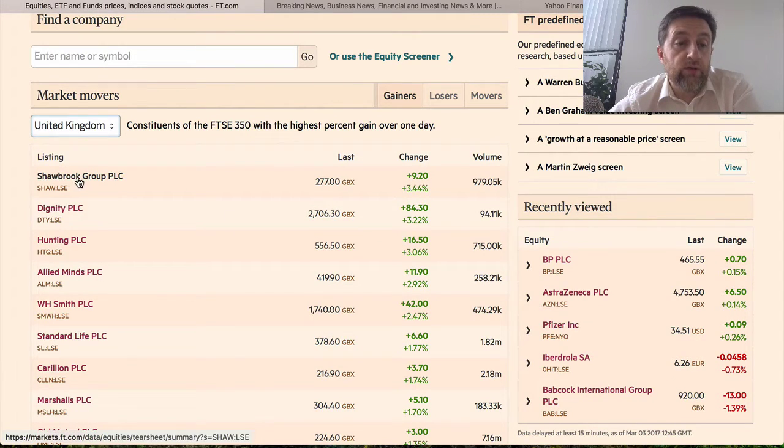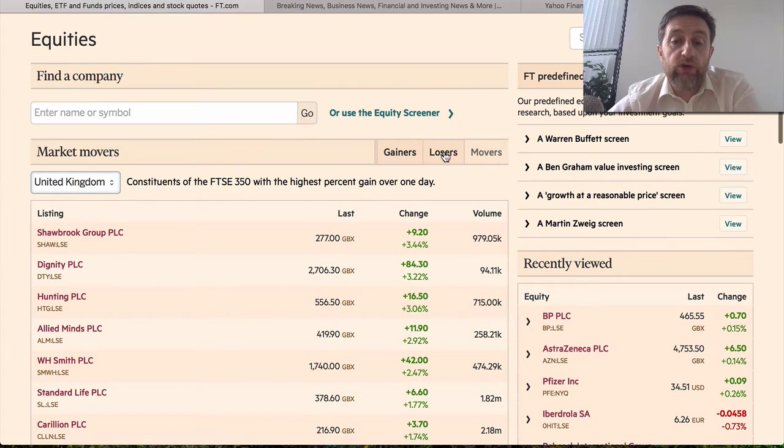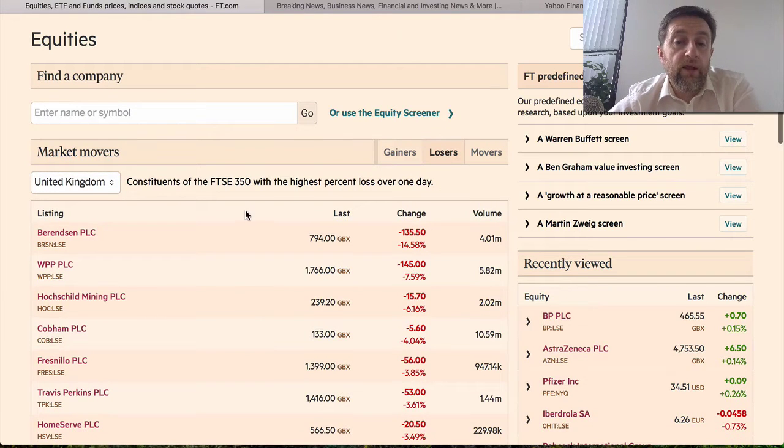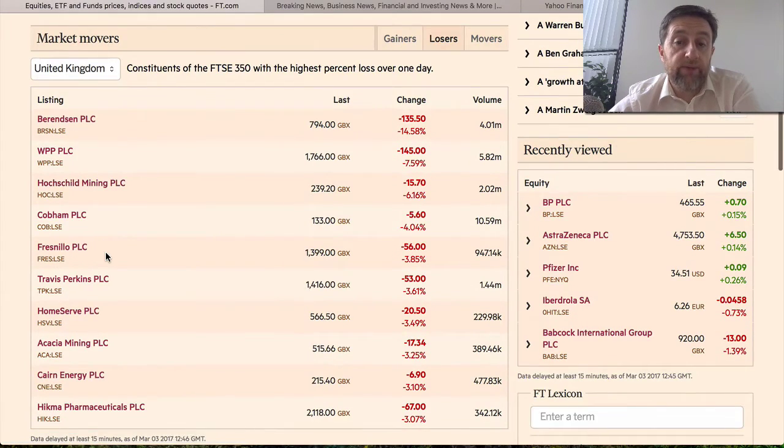We've got the Shawbrook Group PLC, and WH Smith, the retailer. We can also look at the losers, and the worst here is Berenson PLC, but we also have WPP, which is a big company, and you can see the volume of trades that have taken place. That's 4.01 million shares that have been traded.